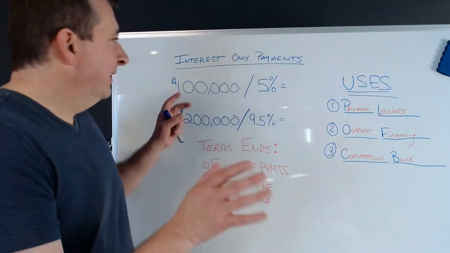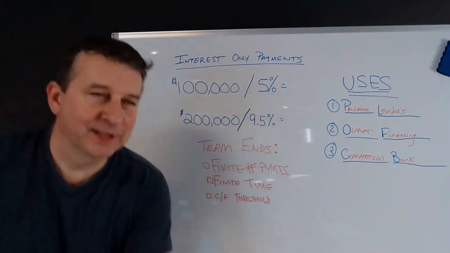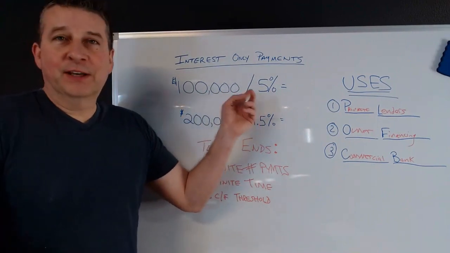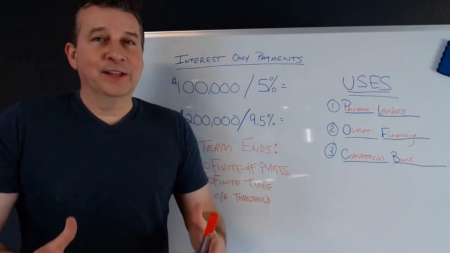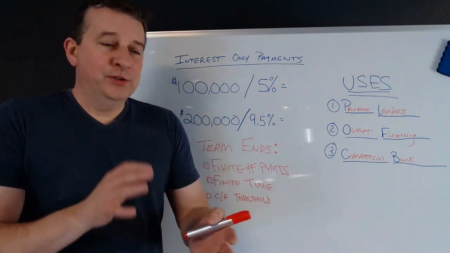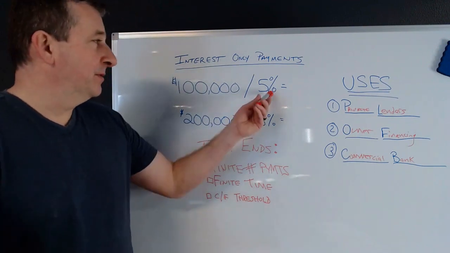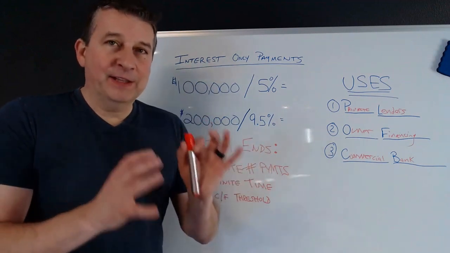Just to give you a really quick idea of what this calculation looks like, the first example is $100,000 at 5% interest-only payments. This is a very simple calculation. All you do is take $100,000 times 0.05, moving your decimal over two places, and that's going to get $5,000.